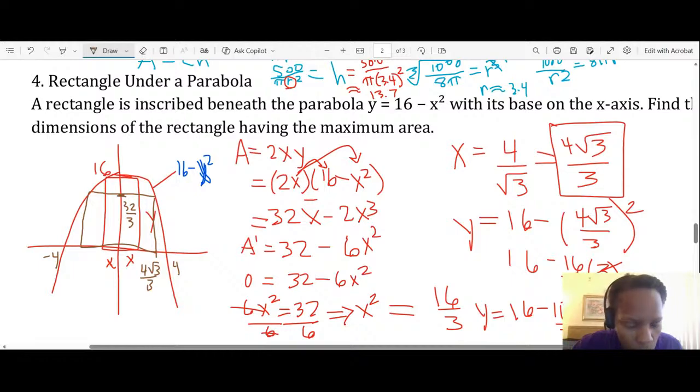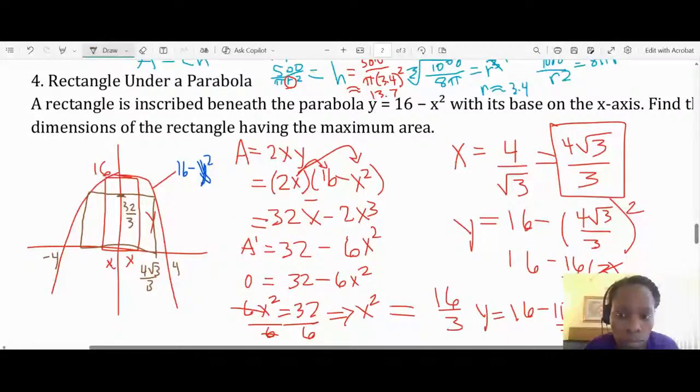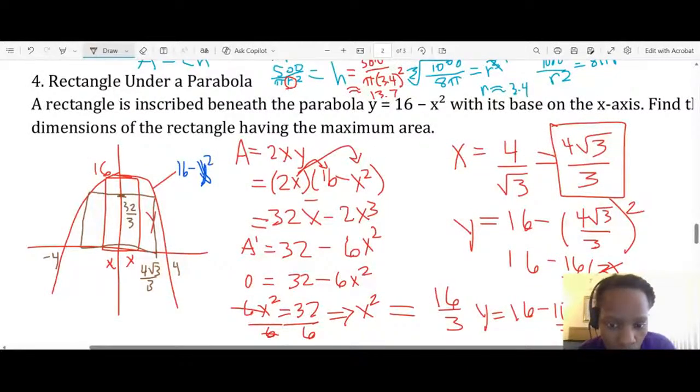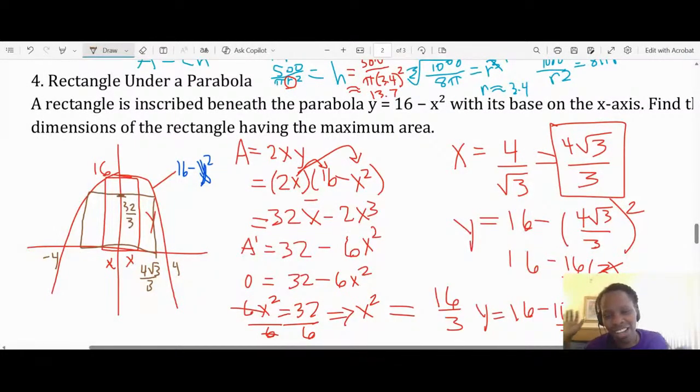It's close to 4.6. Because apparently square root of 3 over 3 is about 6, or something like that.